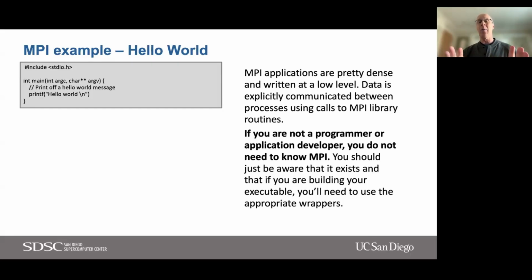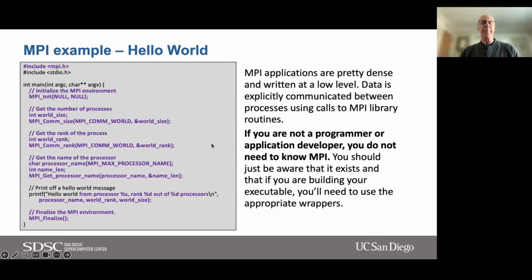Now, again, I know that this isn't a talk for programmers or developers, but I just want you to be aware of MPI. So if we decide to parallelize this hello world, you can see that we're going to start off by adding a header. We have some code where we initialize the MPI environment.